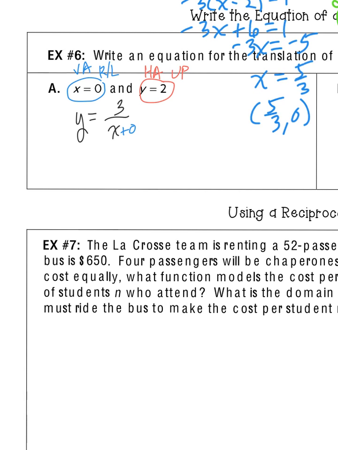So since it affects your up-down movement, it's going to affect the outside of the function. So in this case, it's a positive 2, and we want it to be exactly as we see it, so we have a plus 2. So our final value is going to be y equals 3 over x, because x plus 0 is still x, plus 2.